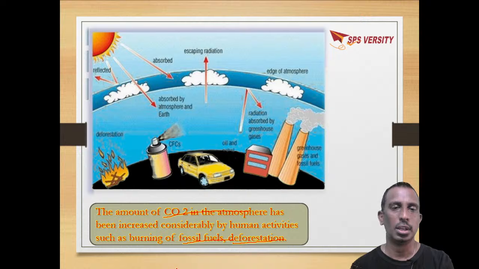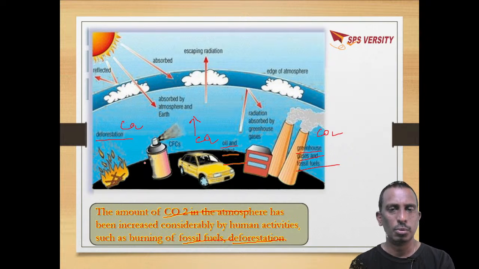Here you can see burning of fossil fuels like oil and petrol, vehicular pollution, and deforestation, the cutting of forests. In thermal power plants where coal is used, CO2 is released into the atmosphere. By vehicular pollution and deforestation, CO2 is also released into the atmosphere.